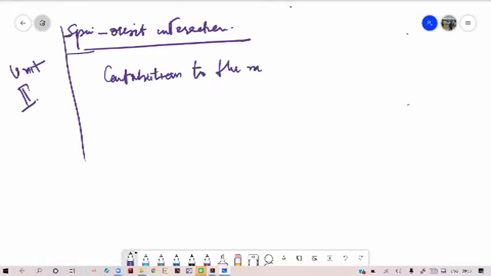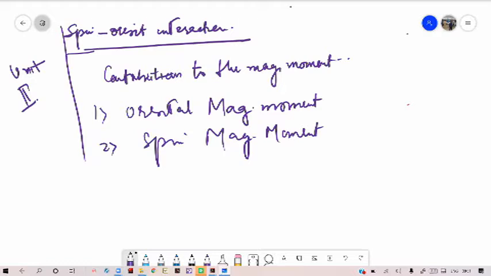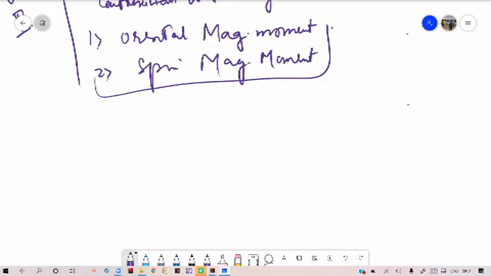Like we have the orbital magnetic moment, then the spin magnetic moment, then there was the vector atom model which gave us the total angular momentum.